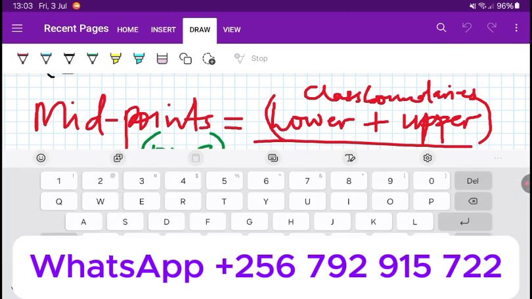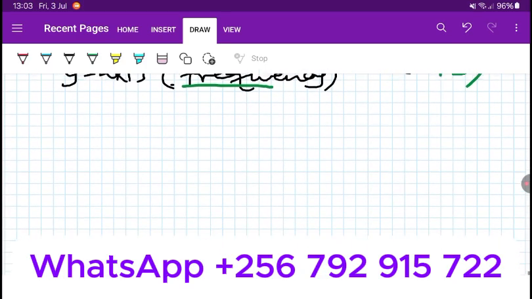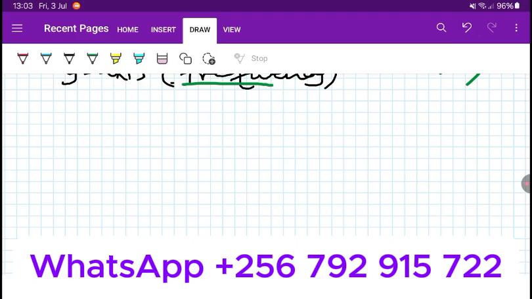So once you have drawn the x-axis, labeled it as the midpoints, and labeled the y-axis as the frequency, the next step is to plot.